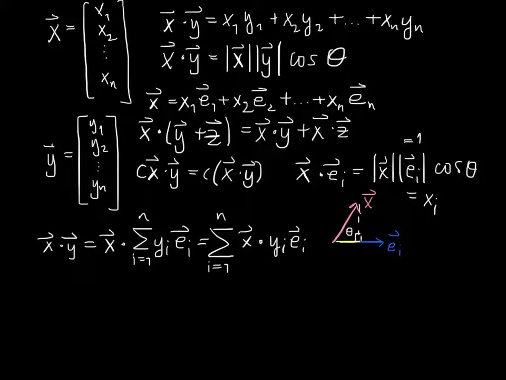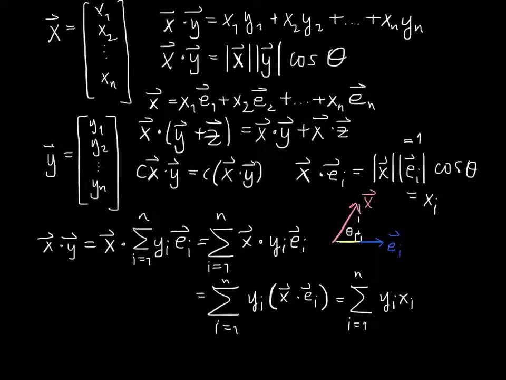All right, our next step is taking advantage of this fact, which is that if we take the dot product of a scalar multiple of a vector, that's the same as taking that scalar multiple of the dot product of the two vectors. And last but not least, we take advantage of our last fact, that if we take x and dot it with a standard basis vector, it's going to extract the ith component of that vector. And lo and behold, there we have it.